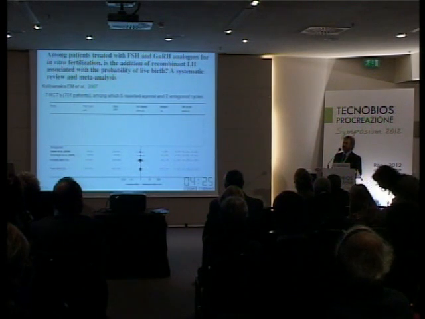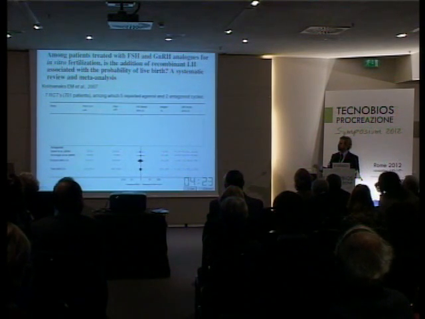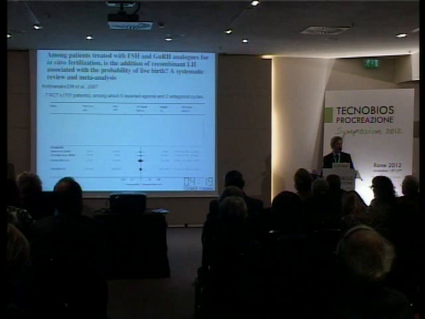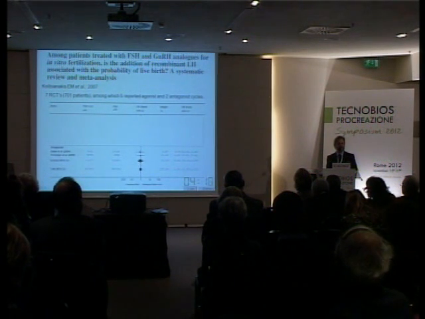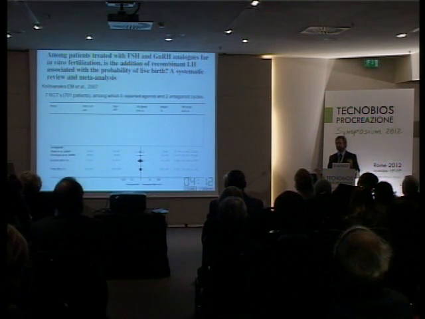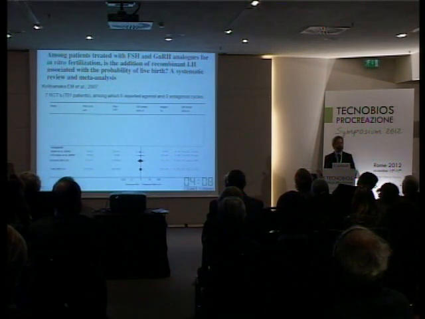But please consider that in all these studies, 75 units of recombinant LH were given. There are no studies in the literature that addressed the question of what happens if we give 150 or 225 international units of recombinant LH.